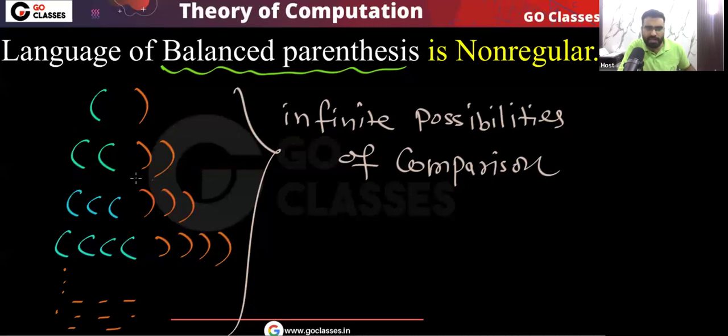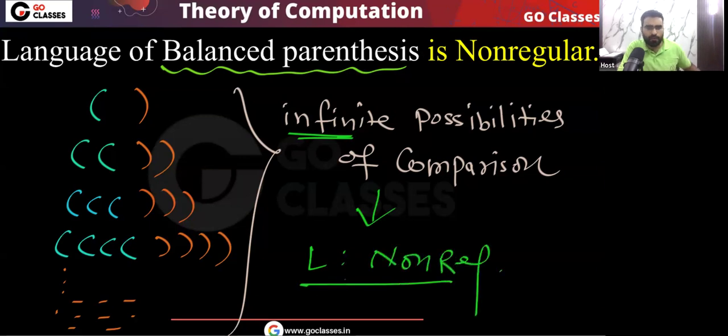If we have two, then two close brackets, and so on. If we have 100 open brackets, then 100 close brackets should be there. That is the reason this language is non-regular.